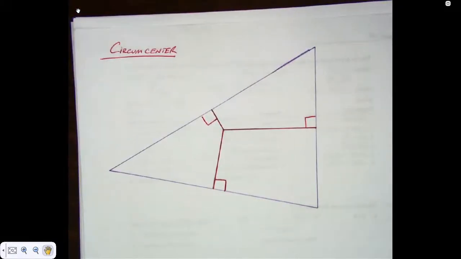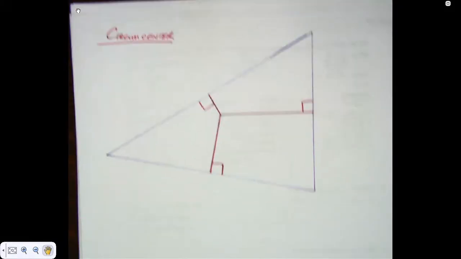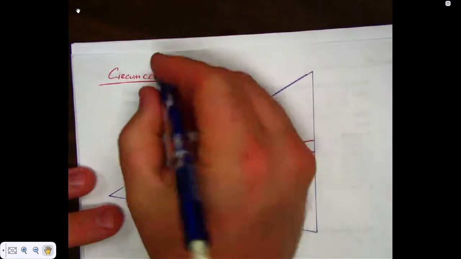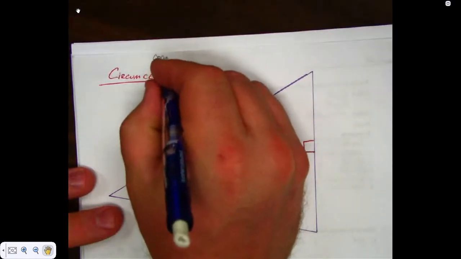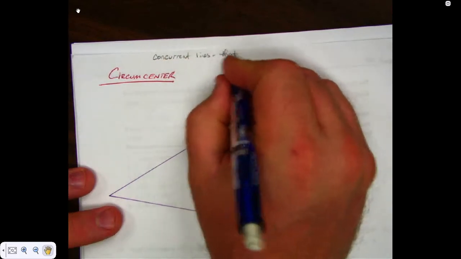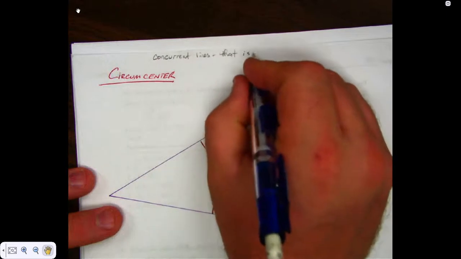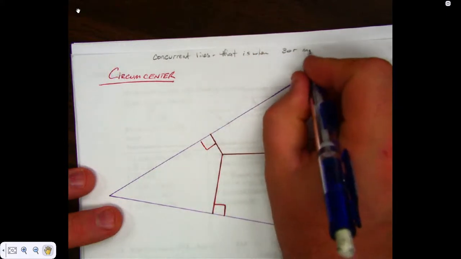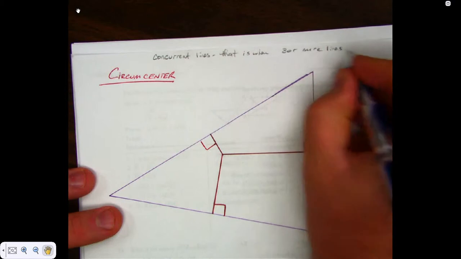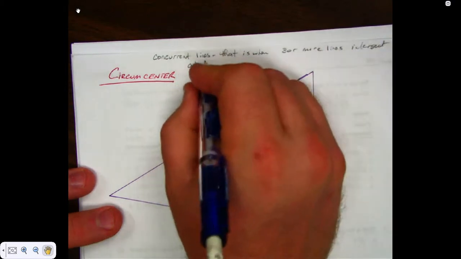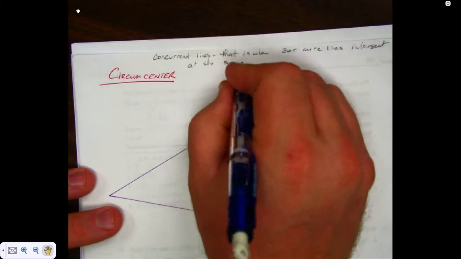First of all, concurrent lines. Write this down. That is when three or more lines intersect at the same point.